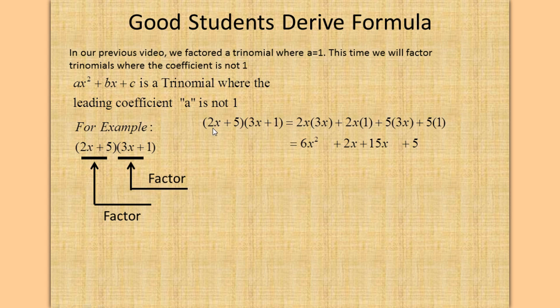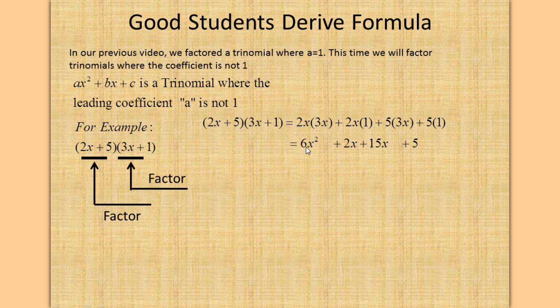We have first term times first term, first term times second term, second term times first term, second term times second term. So 2x times 3x, plus 2x times 1, plus 5 times 3x, plus 5 times 1.